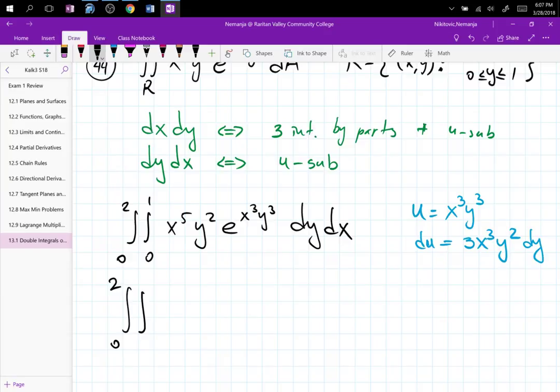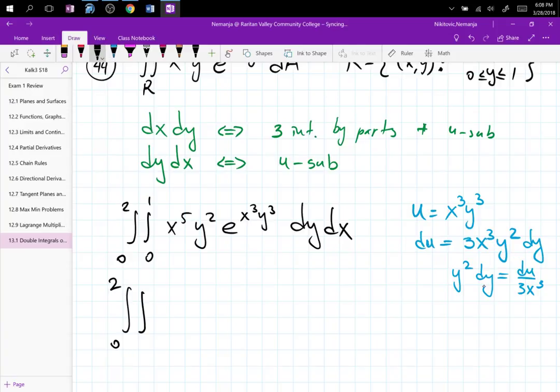Let's see, what do I need? I have x to the 5, and I need x cubed. So if I solve over here for y squared dy, I get du over 3x cubed.